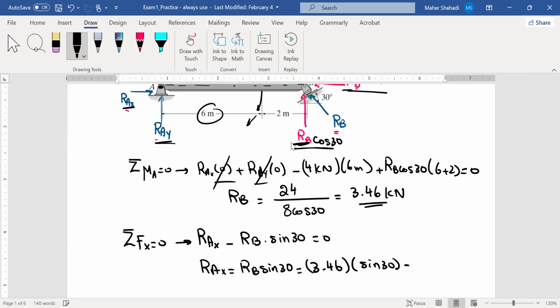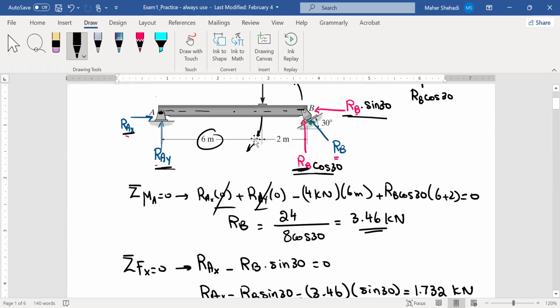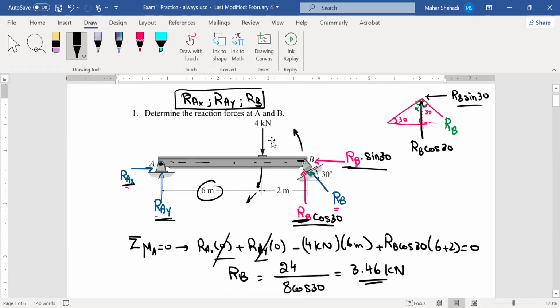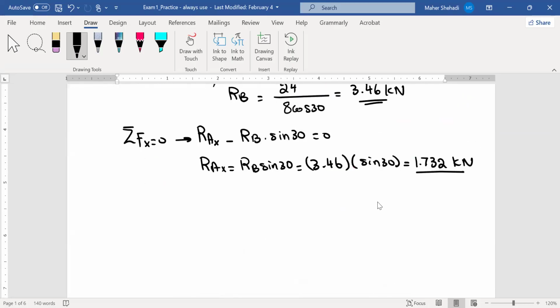So that's equal to 1.732 kilonewtons. The same way we'll do the Y. I have RAy minus 4 and RB cosine 30 up. So minus 4 plus RB cos 30 equals 0.